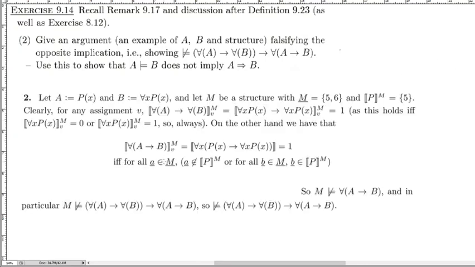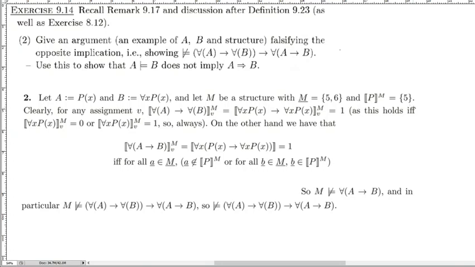So in the solution, our structure M is just going to have the elements 5 and 6, and we're going to let A be a unary predicate P, and we're going to let B be the unary predicate P also, but with the for all quantifier, which binds the X. And then we're going to let P under M be just the set with the number 5.